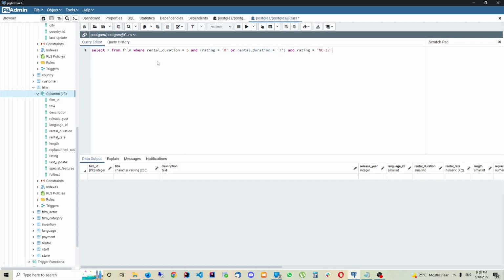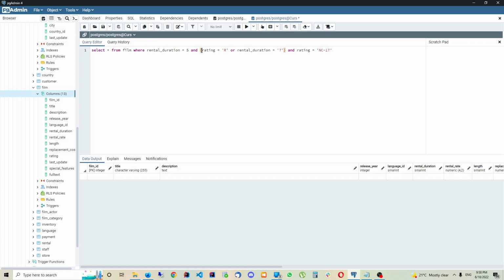Well, Postgres is going to say, I'm going to give you all the rows that have rental duration 5 and this rating is R, or rental duration is 7 and also this rating is NC-17. So this must be true, this must be true, one or the other, and this must be true. So basically there isn't a movie that has rental duration 5 and 7 because it has to have one of the two, and there isn't a movie that has rating R and also rating NC-17. So that is why it has given me 0 results.